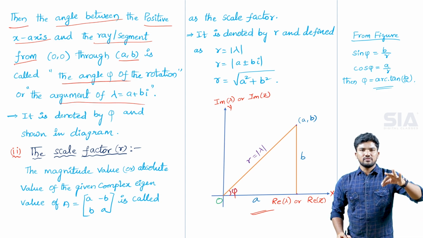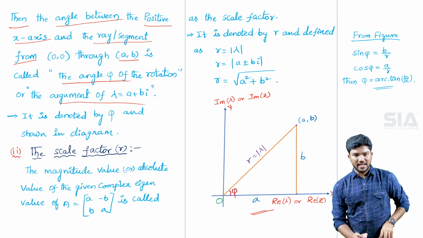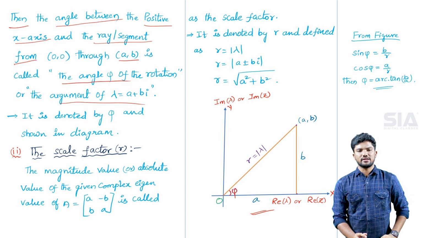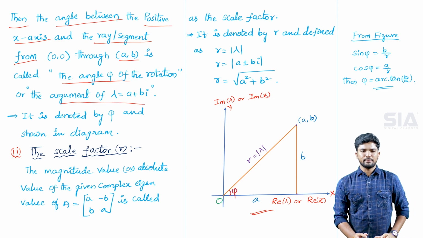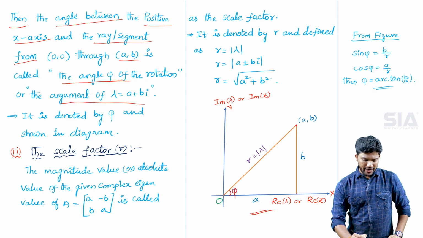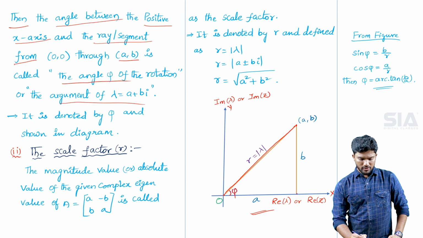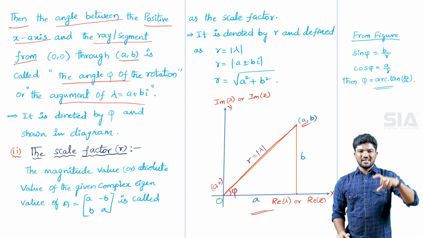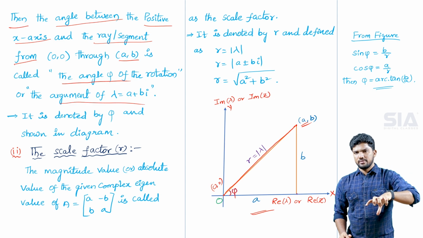That angle between the positive x-axis and the ray or segment. A ray is nothing but something which has an end point. So this you can call a ray from the origin 0, 0 to the point a, b, that is called a segment.